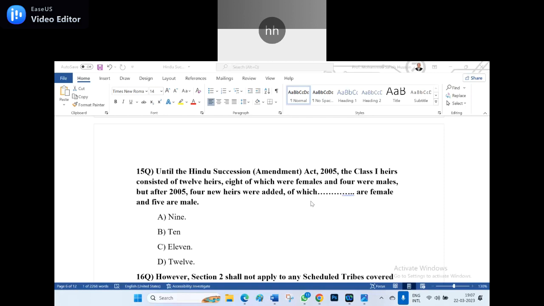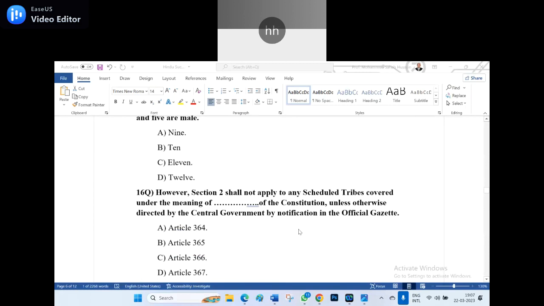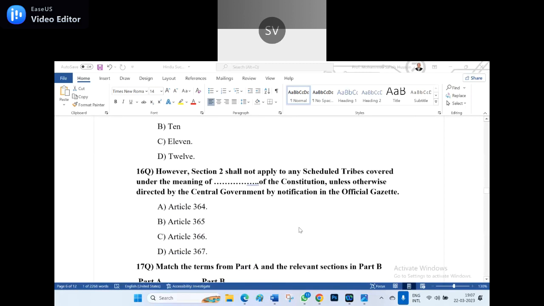Only 1 is added. If 4 heirs are added and 1 is male, that means 3 are female. 8 plus 3, how much? 11. 11 is the answer. C is the right answer. Just calculate it, you can know the answer.